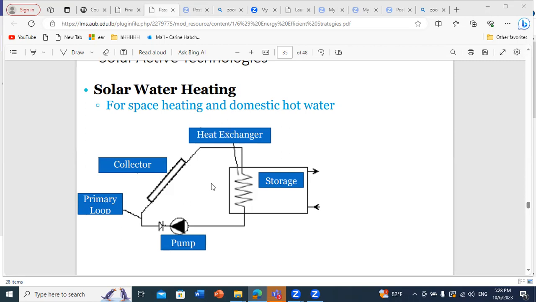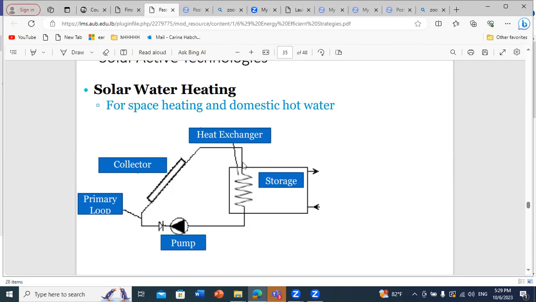The components are a pump in order to distribute water within the system. We have a collector that should store the solar energy during the day. This water will, after being heated when it passes through the collector, which will constitute like a heat exchanger between the solar panels and the water that is circulating within it.